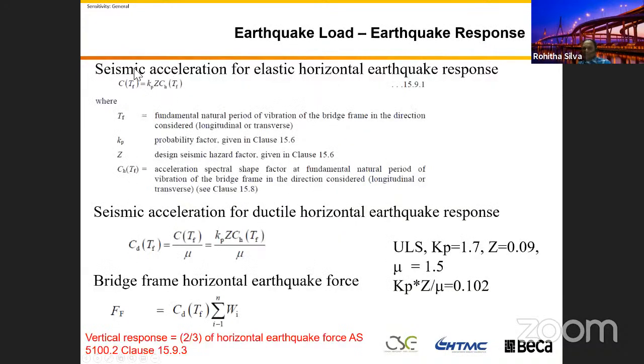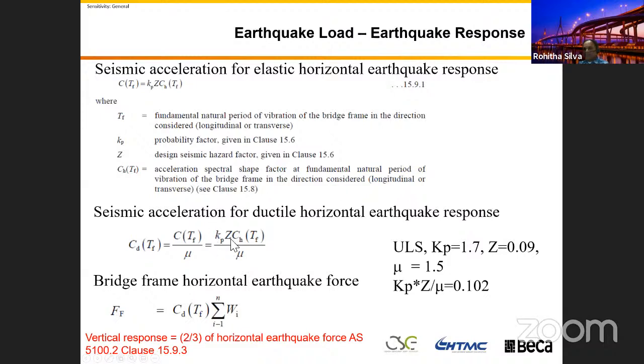Like I mentioned before, we call this the horizontal elastic, or horizontal earthquake response. If you incorporate ductility, it is not multiplied by the ductility, it's divided by the ductility. So it makes sense: the more ductile the structure, like continuous force tension span bridges with a higher ductility, the less this effect will be.